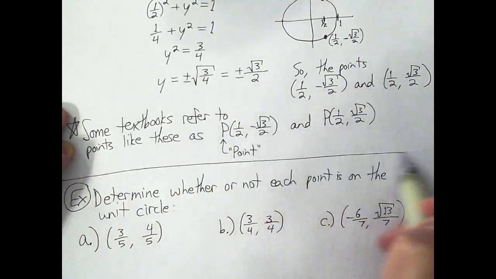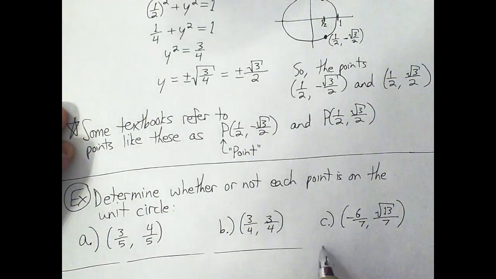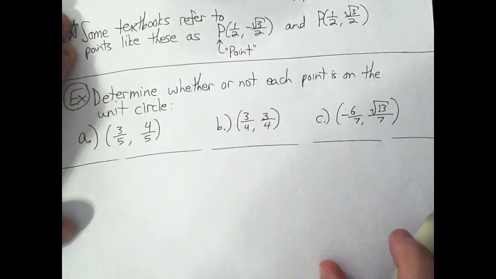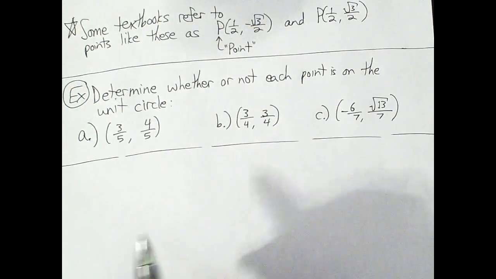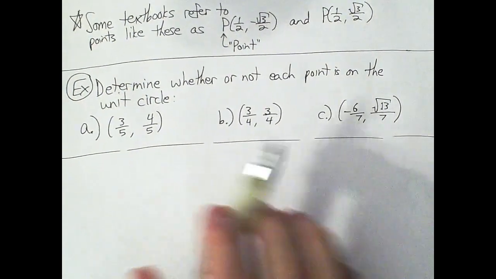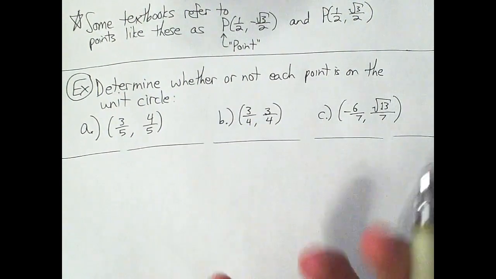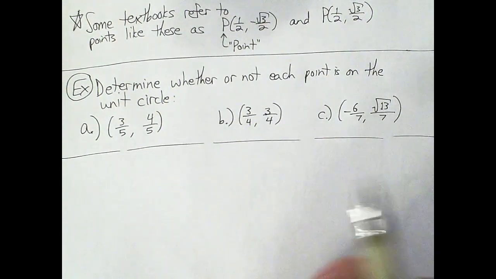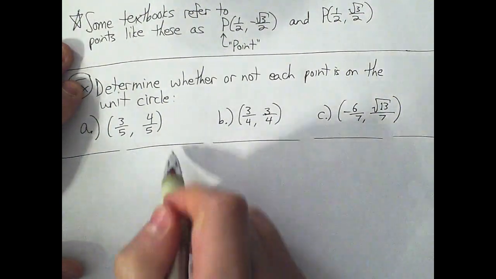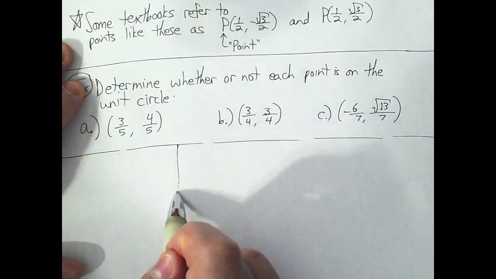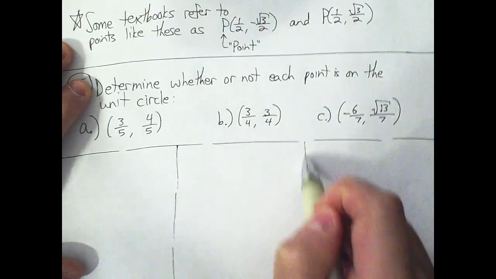So I will go through part A, but I'll give you a chance just to write that down. So these are going to be yes or no questions, but it's kind of implied that we should also show our work, right? Yes or no, and show work to justify your answer. Let's see if we can answer each one of these directly underneath the problem. I think we can do that.